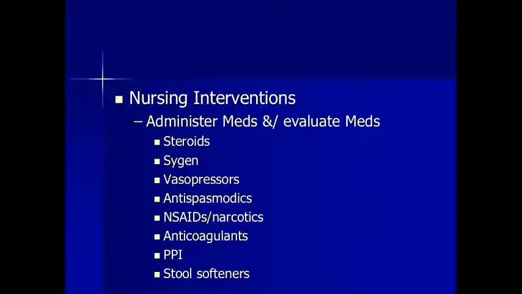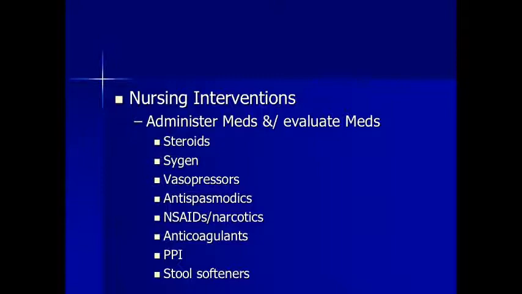We know vasopressors are used in acute injury for spinal shock and neurogenic shock. We may use dopamine for blood pressure, dobutamine for cardiac support, and atropine for bradycardia. Antispasmodics are also used for those muscle spasms that patients have as recovery is starting.